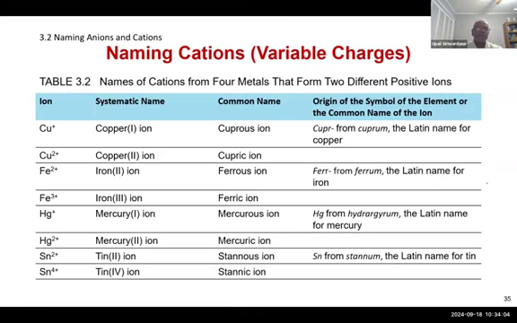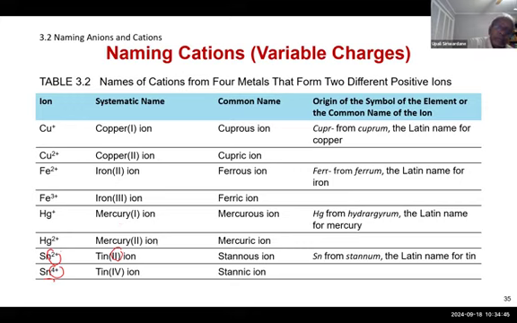There's a table of these ideas. These are the most common ones in the transition metals. And there are a few elements like tin, which belong to main group 4A, that also form 2 plus and 4 plus. So in their name, you put the charge number in Roman numerals.